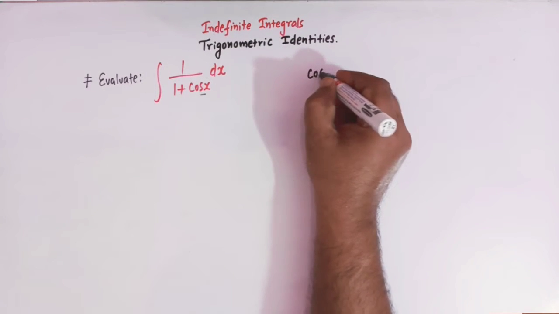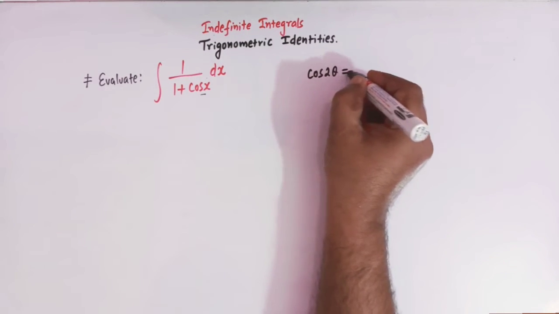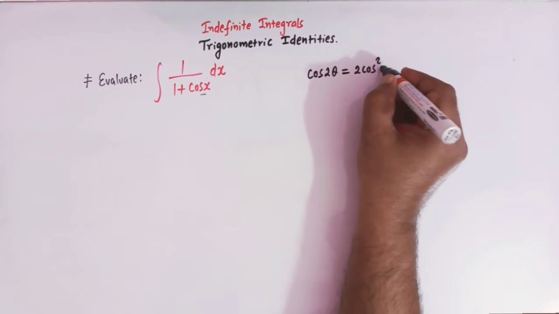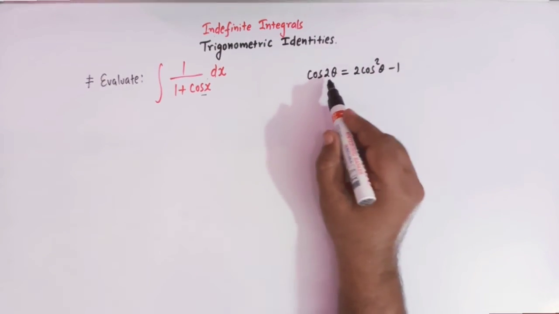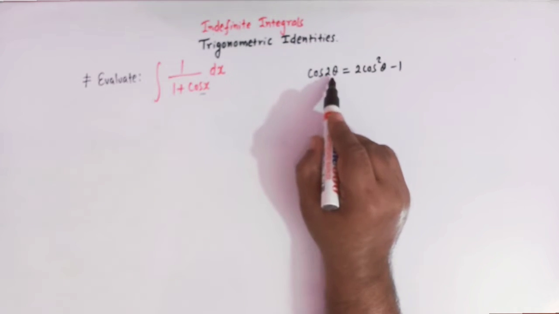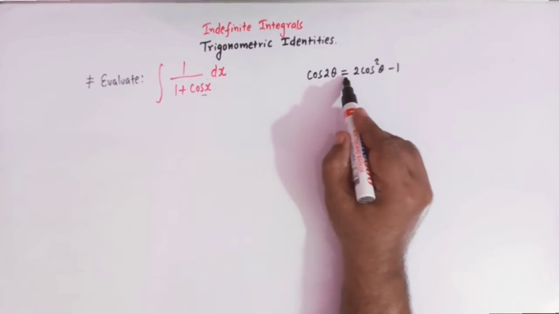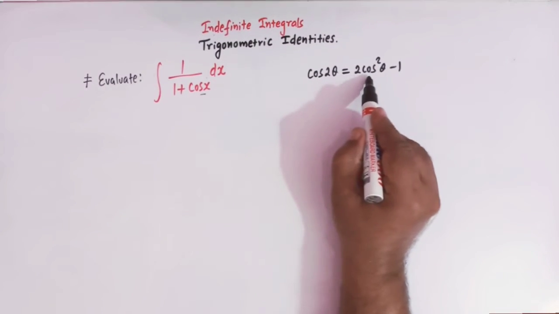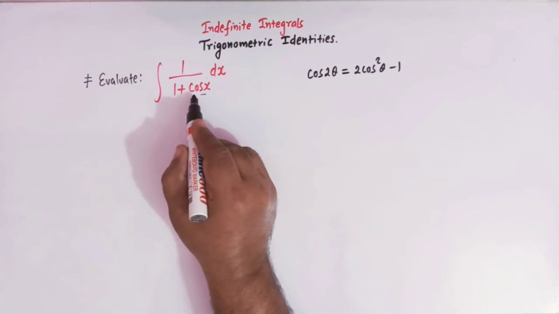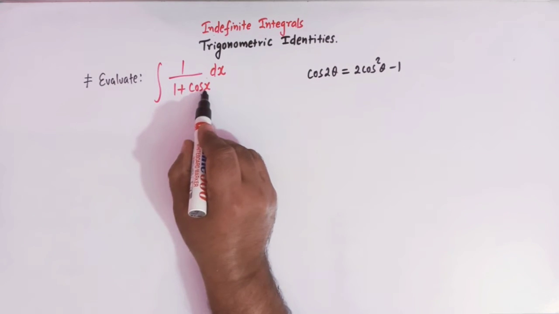See, we know that cos of 2 theta is equal to 2 cos square theta minus 1, right? So this is an important result from trigonometry. So cos of 2 theta, that is the double angle formula, is cos 2 theta is equal to 2 cos square theta minus 1. Now see, here we want to have cos x, right?